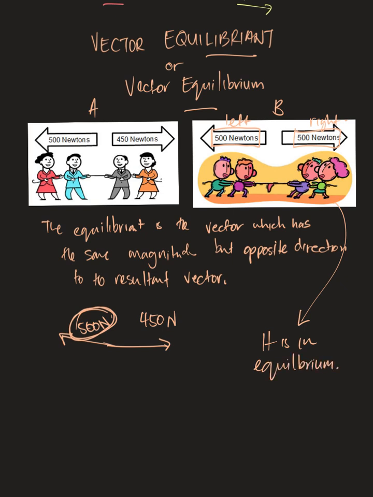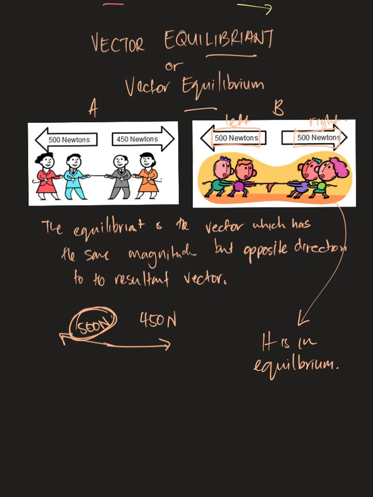So basically it's a vector that, when we add it to the system, we end up cancelling out. If I'm pulling to the left and this person's pulling to the right with the exact same forces, those forces cancel each other out. It's the same as the resultant, but in the opposite direction.